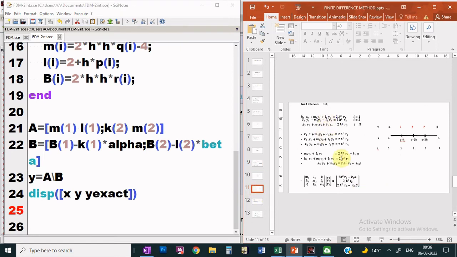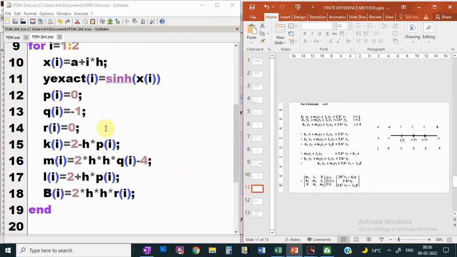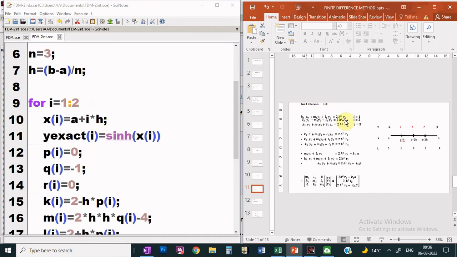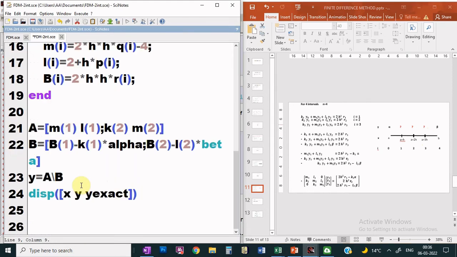When the number of intervals increases to 4, we simply have to make changes in the matrices A and B. Since it will be the 4 intervals case, we have to do it for 3 grid points. So here, instead of 2, we have to write 3 so that all these computations are done for all the 3 grid points.